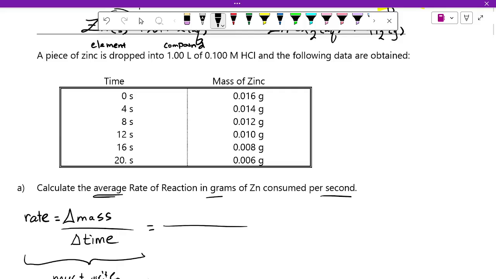Final minus initial. Okay, so our mass and then our seconds.